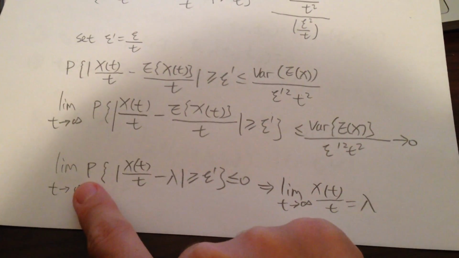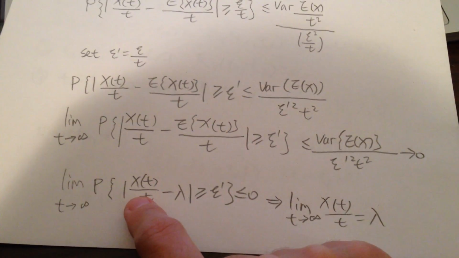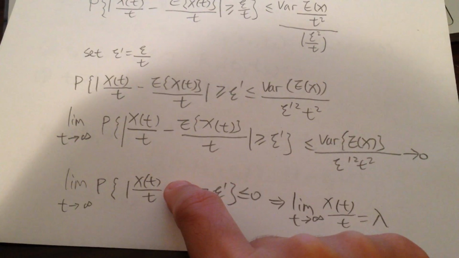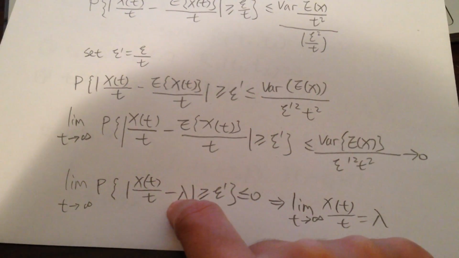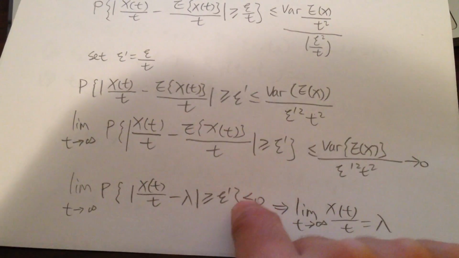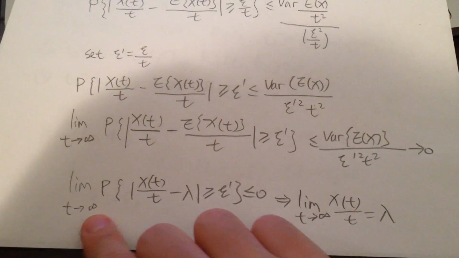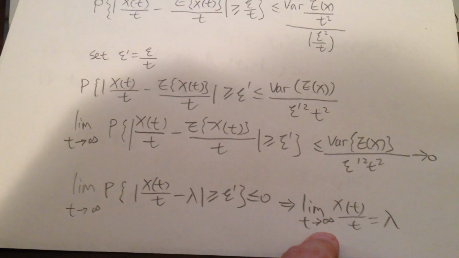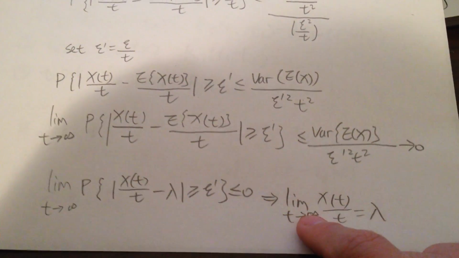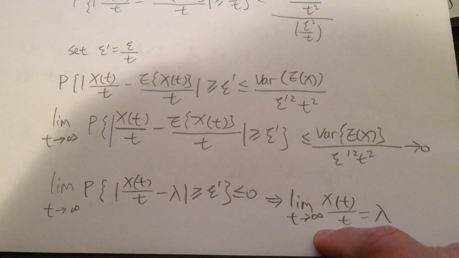So that means the limit of the probability of X(t) divided by t minus lambda greater than epsilon prime is less than 0 when t approaches infinity.